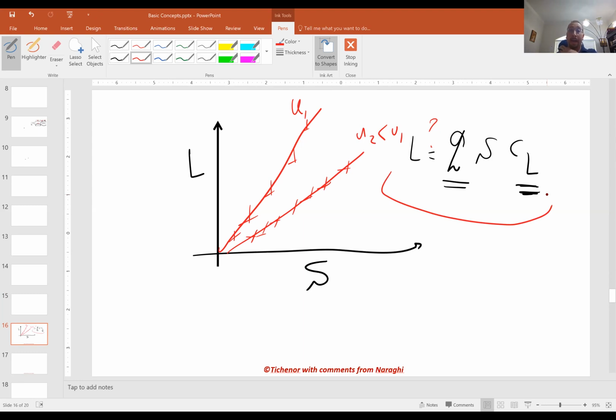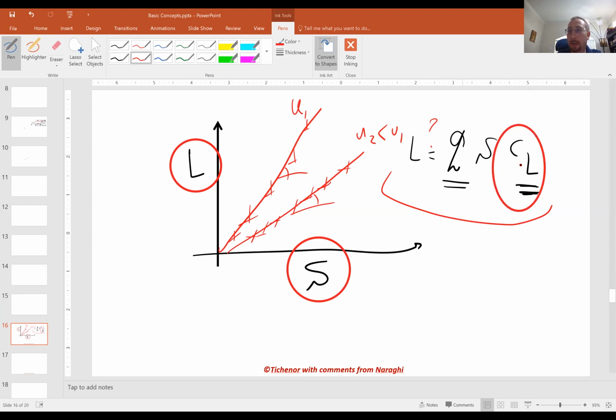And if the relationship is validated, I can also use it as a quantification experiment, because when I have the value of L, the value of S, and these slopes, I can also get CL. Because Q times CL is this slope, since the slope is the ratio of L over S. So I can also use it as a quantification experiment.